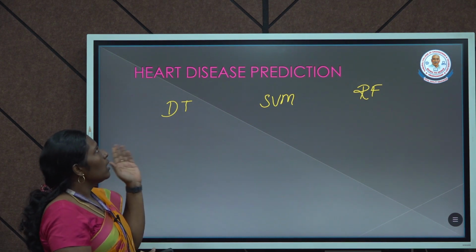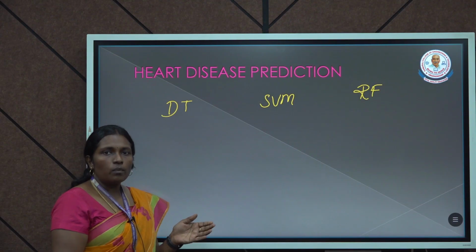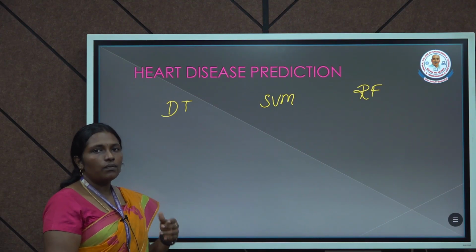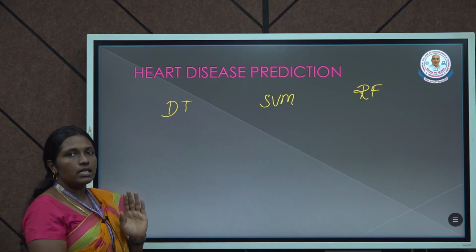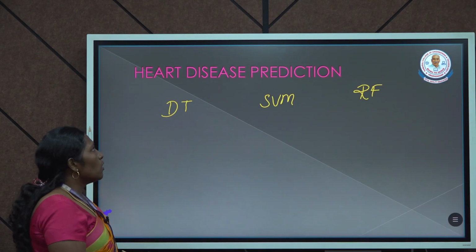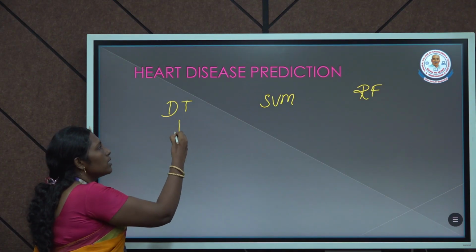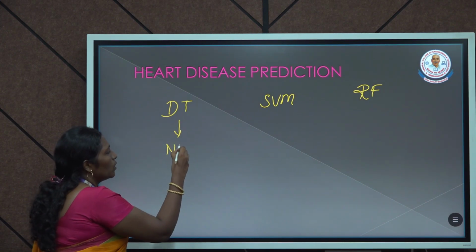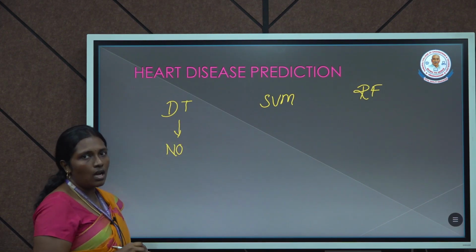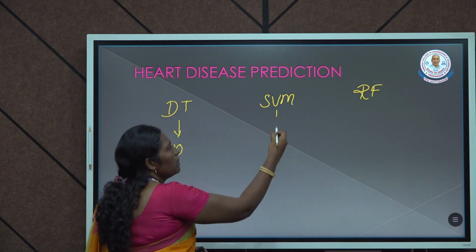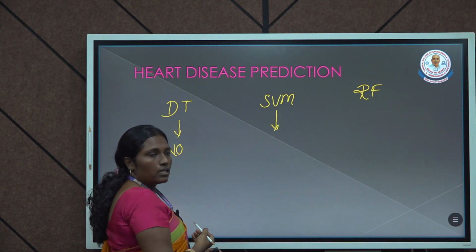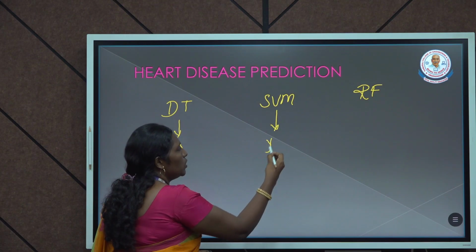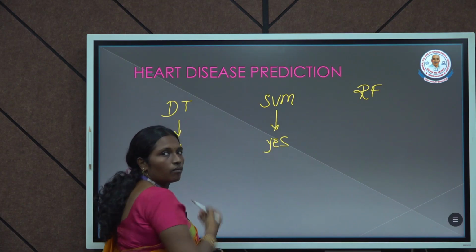So I have given an input image, and I am asking it to detect whether I have heart disease or not. First the decision tree is giving the answer no, you are not having the heart disease. From the SVM I am getting the answer yes, you are having the heart disease.